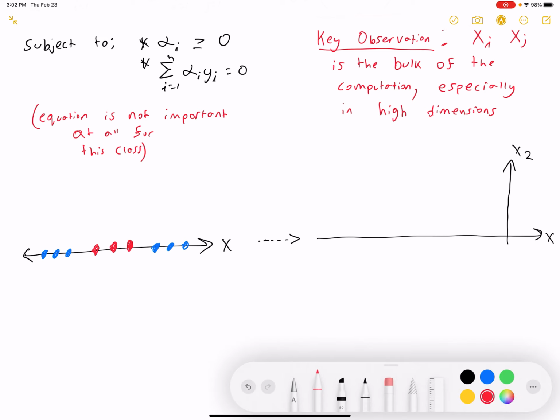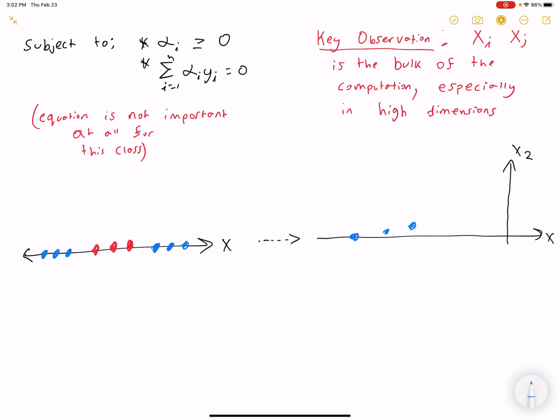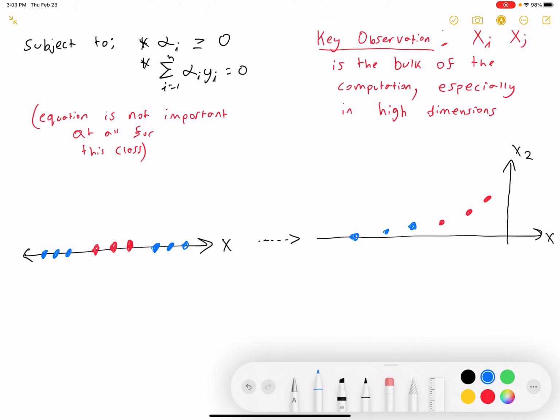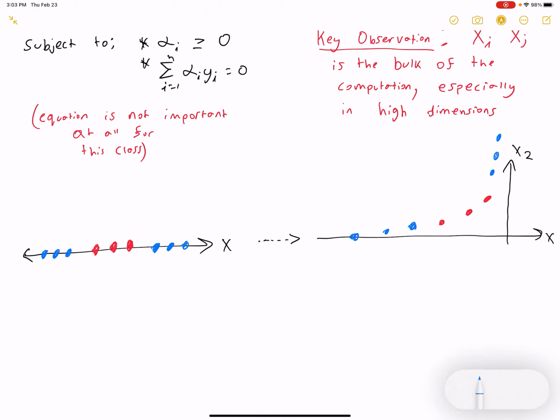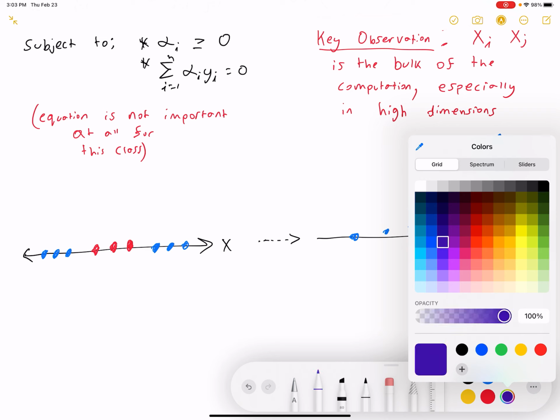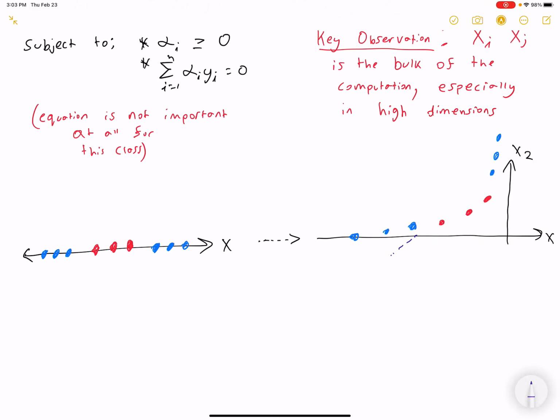But if we project the data into a higher dimension, for example, by adding a second dimension that's x squared, which would look perhaps something like this, then all of a sudden in that higher dimensional space, it's possible to find a linearly separating hyperplane.